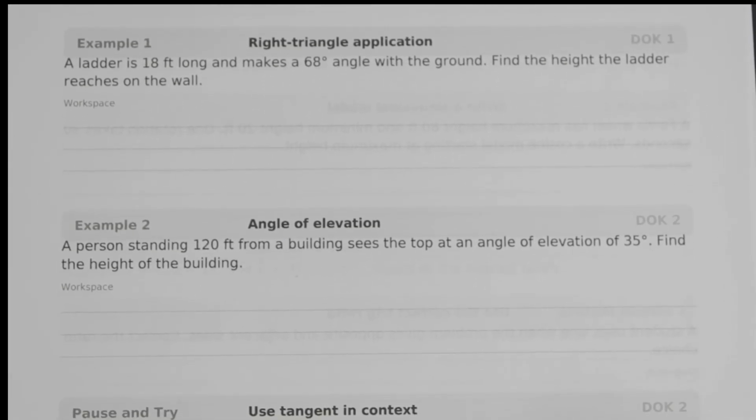Let's first look at example number 1. A ladder is 18 feet long and makes a 68-degree angle from the ground. Find the height the ladder reaches on the wall. So the ladder is the hypotenuse because it's the longest side, right?